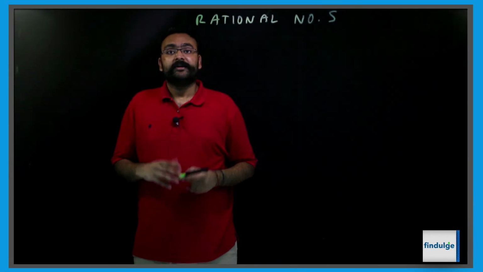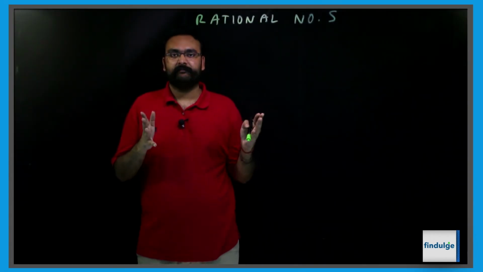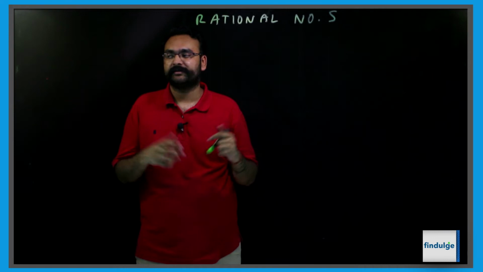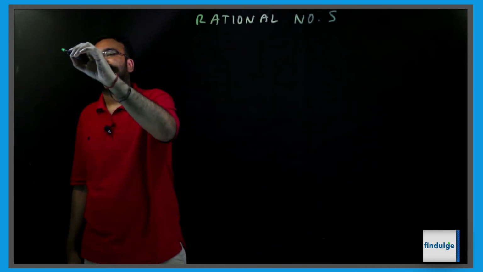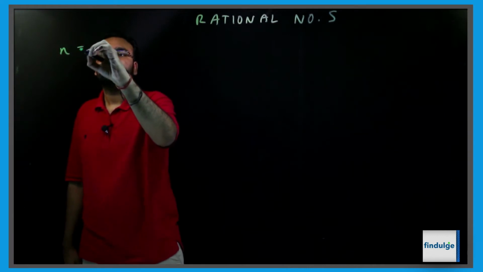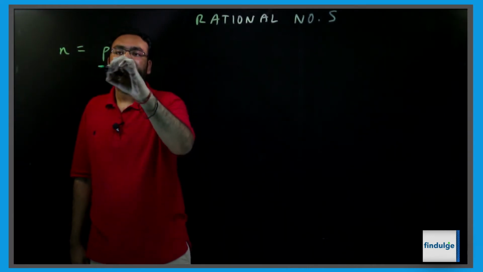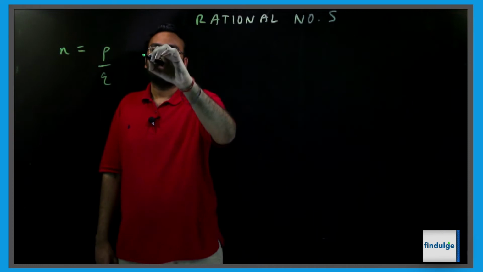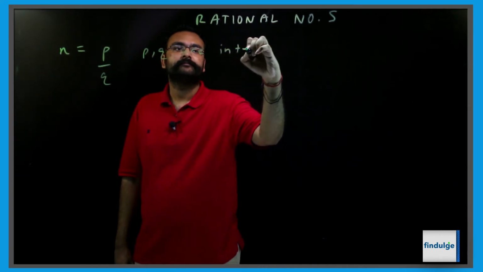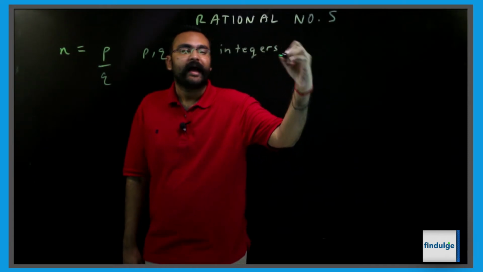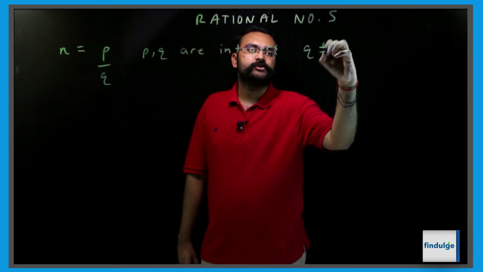So let's look at these properties and how they work. Now we'll move on to rational numbers, solving questions. As we already discussed, any rational number, let's say n, can be written in p by q form, where p and q are integers and q is not equal to 0.